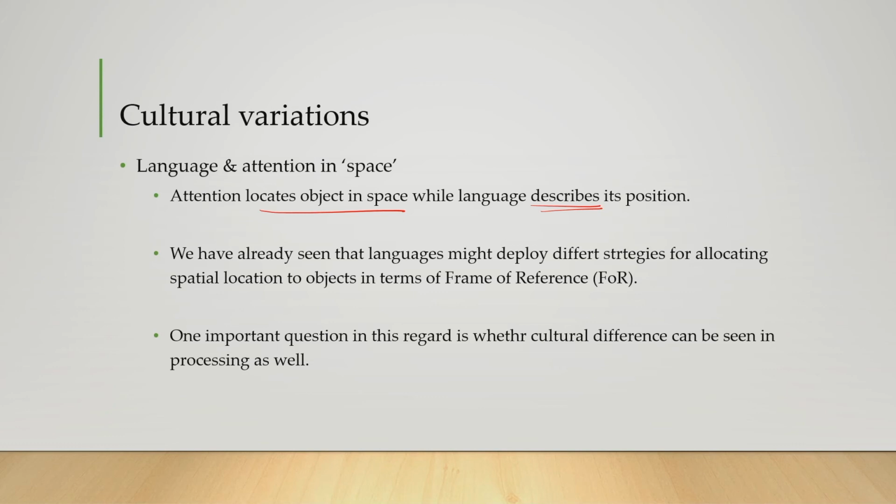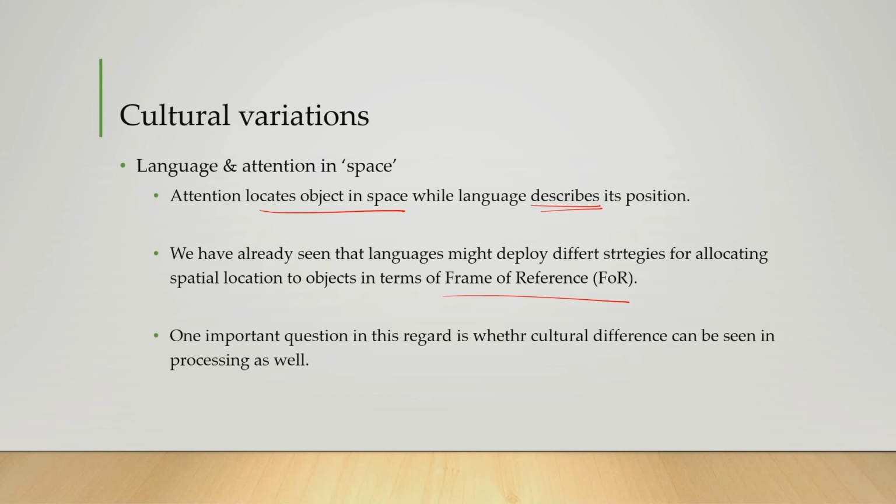Absolute frame of reference is very interesting from a research point of view, because it needs a very different kind of computation in real time, which has to be dynamic. One has to always remember one's location and the angle one has moved in terms of the fixed location from where the location is derived in that particular language. So, frame of reference is different from one language to another, as a result of which the spatial allocation also is different.